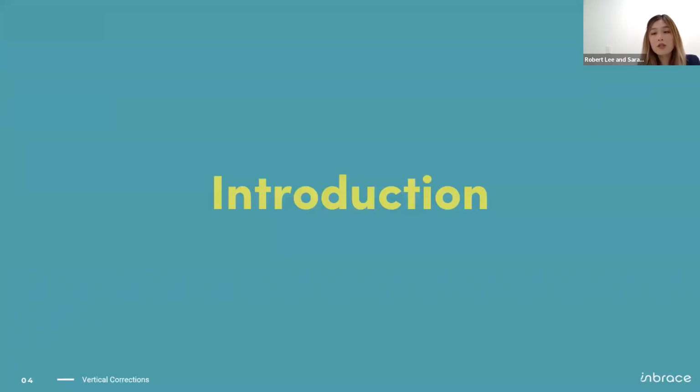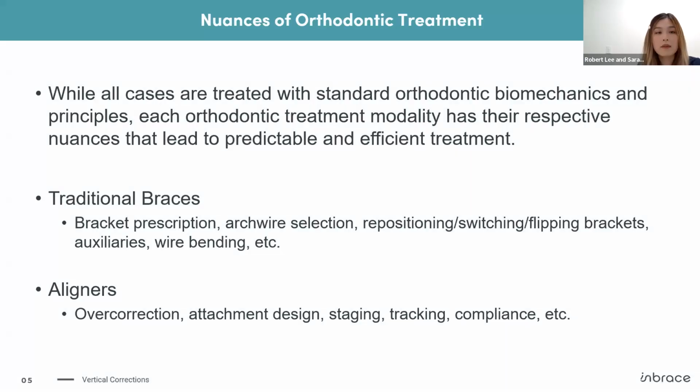So let's go over an introduction to get everybody on the same page before we dive deep into vertical corrections. With any modality of treatment, there are different nuances. They all use the standard ortho biomechanics that we're all very used to, but their respective nuances help lead to more predictable and efficient treatment.